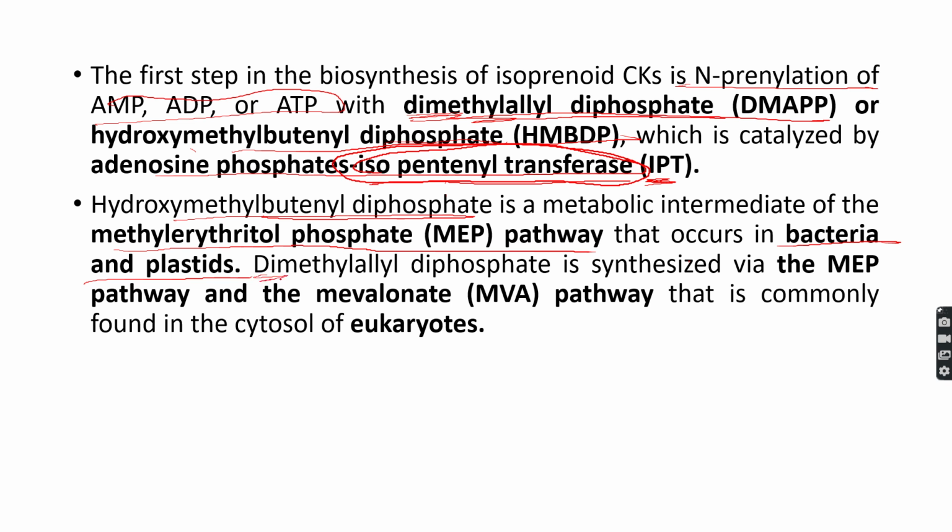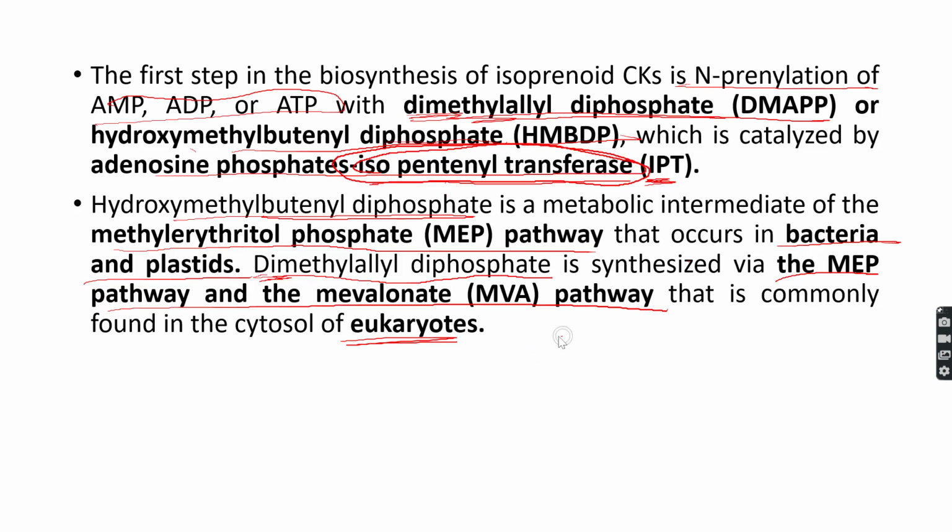A second chemical we read is dimethyl allyl diphosphate, that is DMAPP, is synthesized basically via both the pathways, that is the MEP pathway, and the other one is your mevalonic acid pathway. And it is very common in your eukaryotic cells.